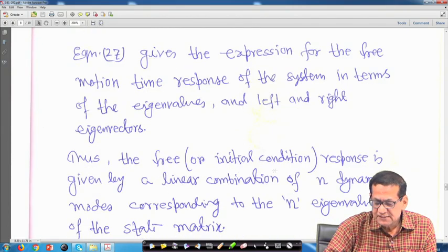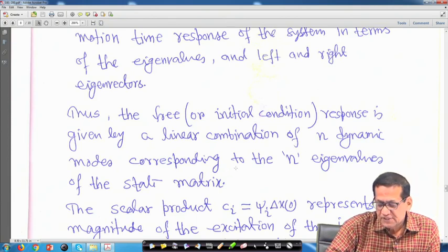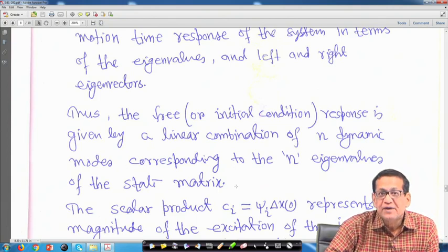Thus the free or initial condition response is given by a linear combination of n dynamic modes corresponding to the n eigenvalues of the state matrix.